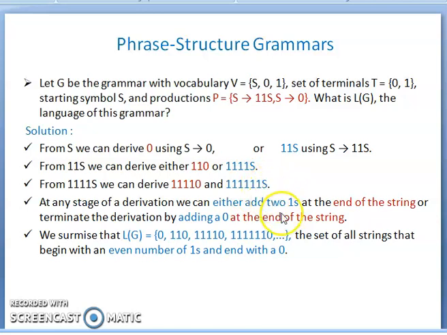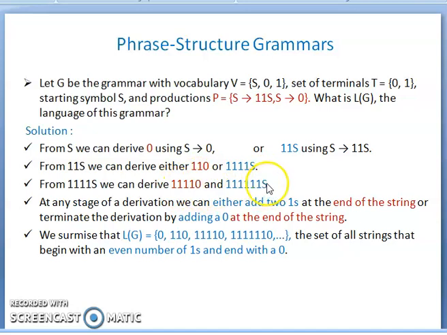This process will continue. At any stage of the derivation we can either add two 1s every time at the end of the string, or terminate the derivation by adding 0. So the language is 0, 110, 11110, and then 6 ones and 0, 8 ones and 0, like that.